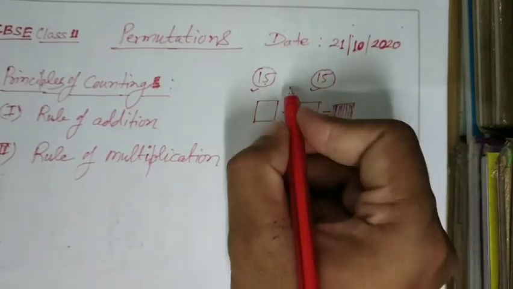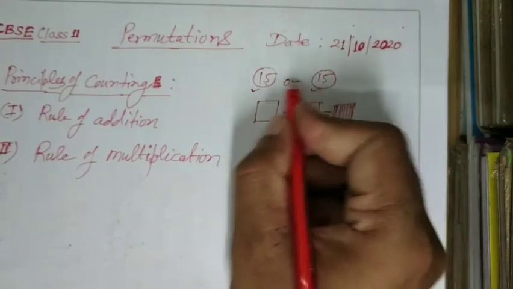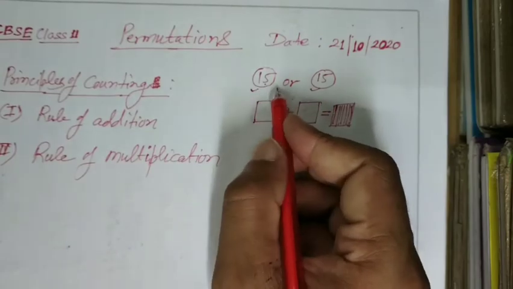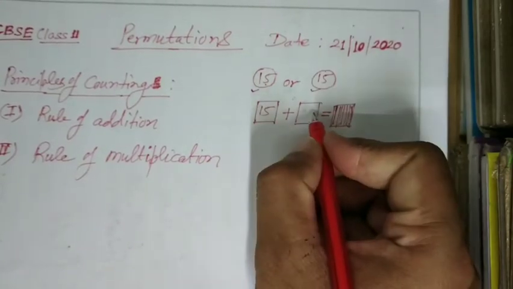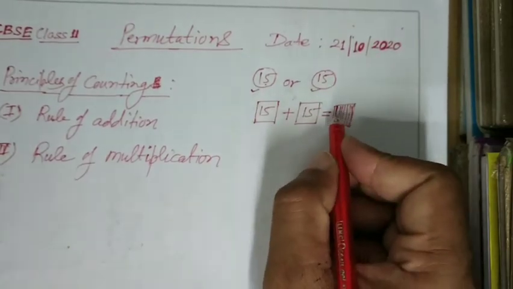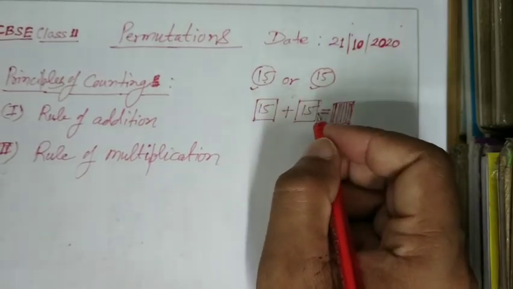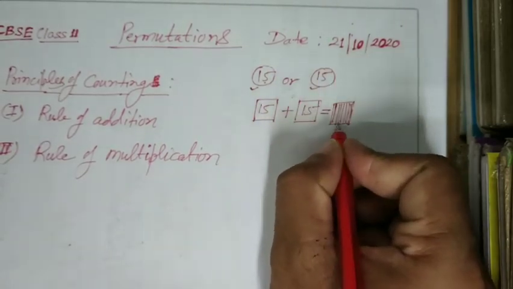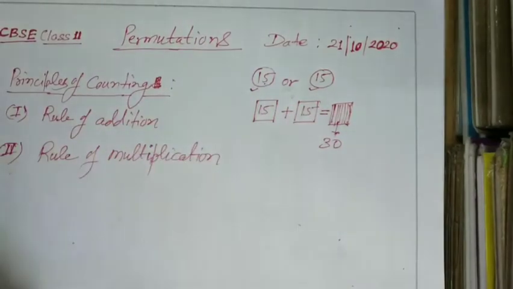That means there is an OR: any one of these you do, and your task is complete. So the total number of possibilities of selection is going to be 30. Here the outcome will be 30 by the rule of addition.